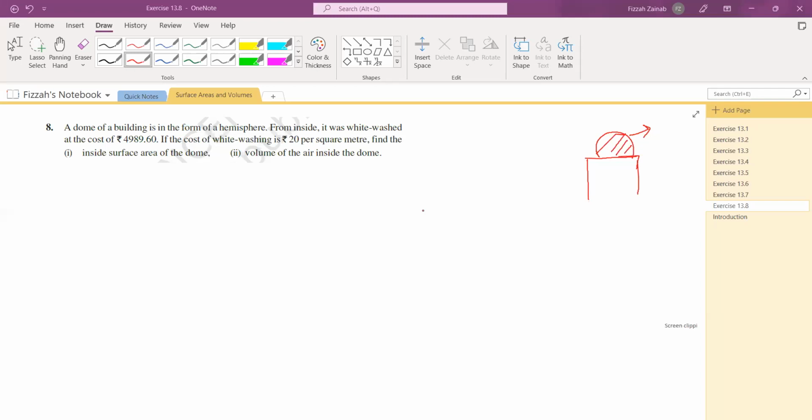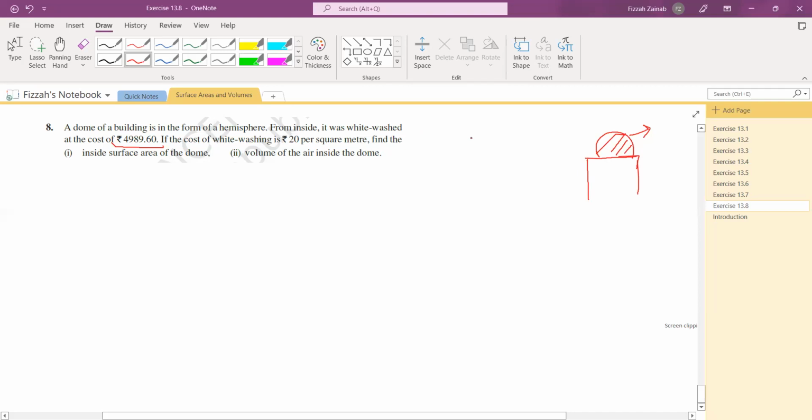Now, from inside, it was whitewashed at the cost of this. So this was the total money, basically, right? Yes, ma'am. Now, if the cost of whitewashing is rupees 20 per square meter, fine. Find the inside surface area of the dome.